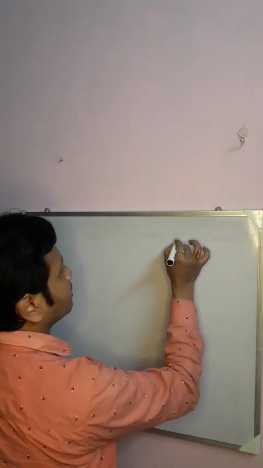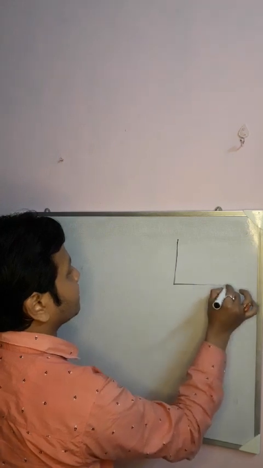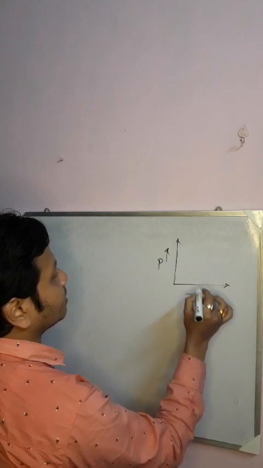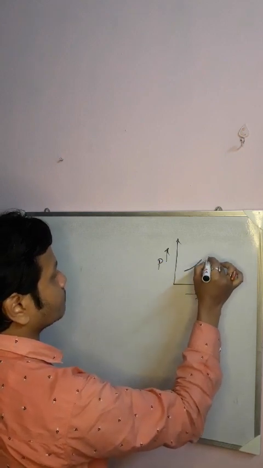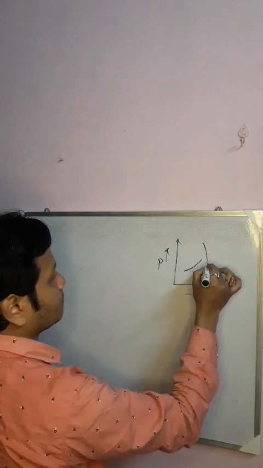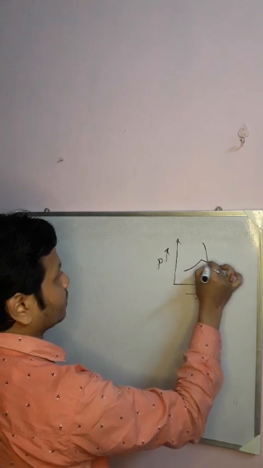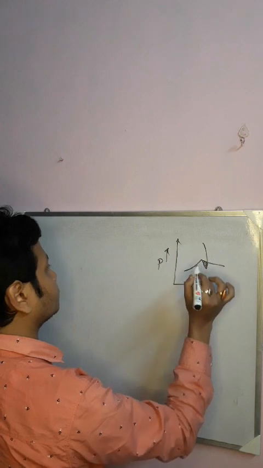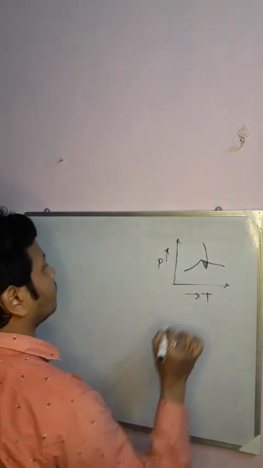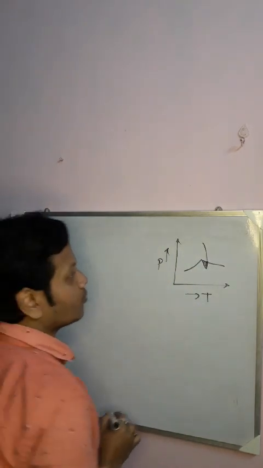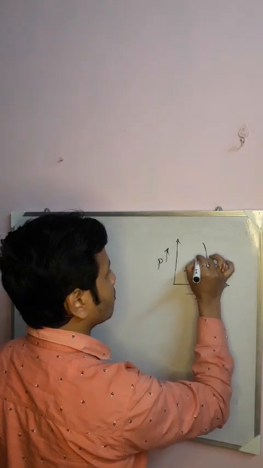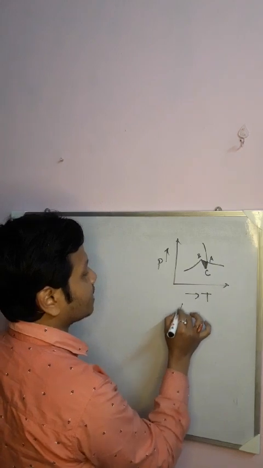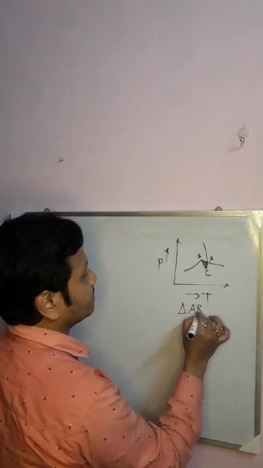Now let us suppose that these 3 points do not meet at a particular point. Suppose they don't meet at a particular point, but they are confined within the triangle, that is the shaded region ABC.